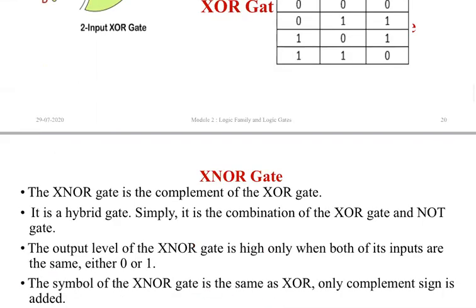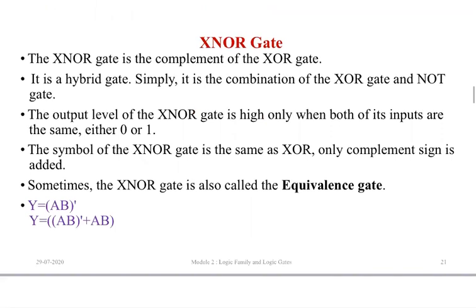And the last category of gate is your XNOR. Whatever we were getting for XOR, the complement of it will be XNOR. What was happening in XOR gate: when both the inputs were different, my output was high. Now in XNOR it will be opposite, meaning when both my inputs are same, it will be high.